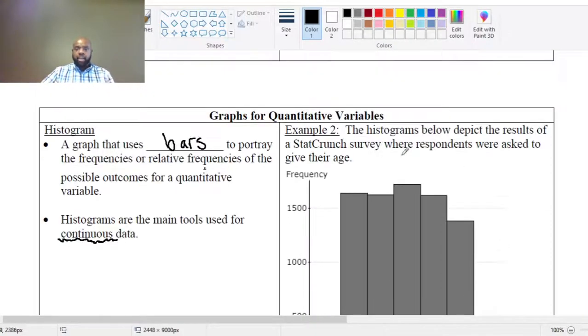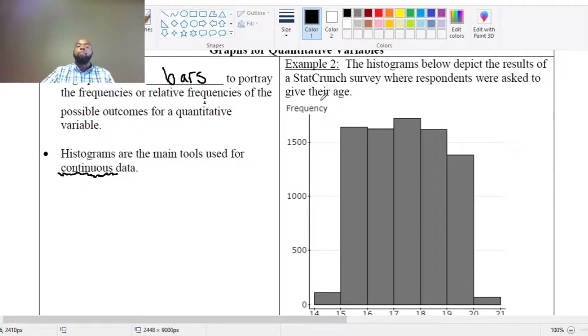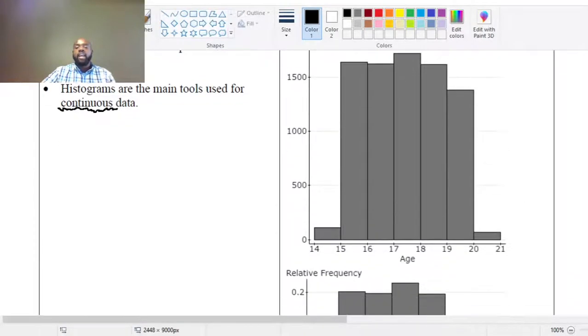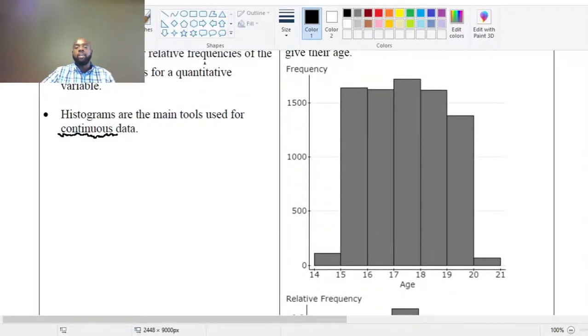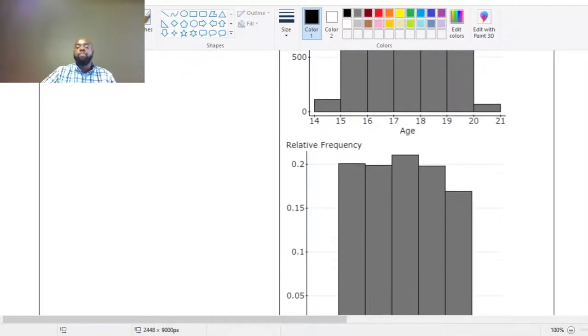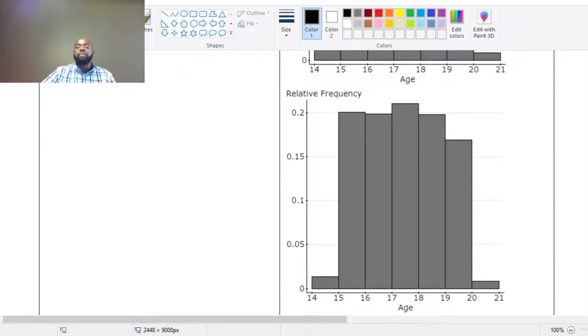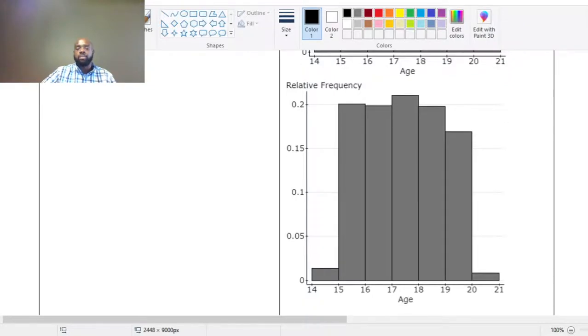And so here we have an example of a histogram that was taken from our StatCrunch survey where individuals were asked their age. And as you can see in this first histogram here, we have the age on the horizontal axis and my vertical axis has the frequency. And then on the graph below, oh, it's the same shape. Notice here, I'm gonna look at that.